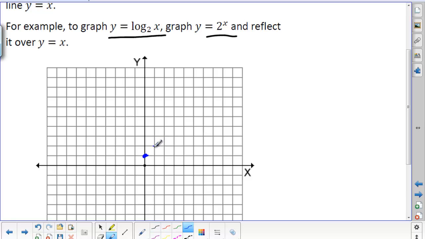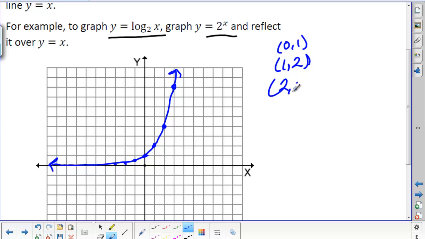I'm just going to plot some points for y equals 2 to the x. If you'll recall, that's the exponential function. It looks something like this, where the ordered pairs are 0, 1, 1, 2, since 2 to the first power is 2, 2 squared is 4, 2 cubed is 8, and so on.